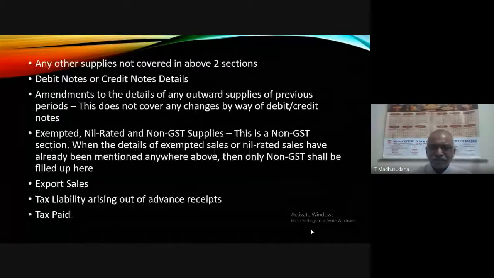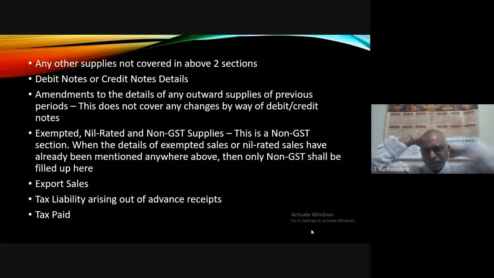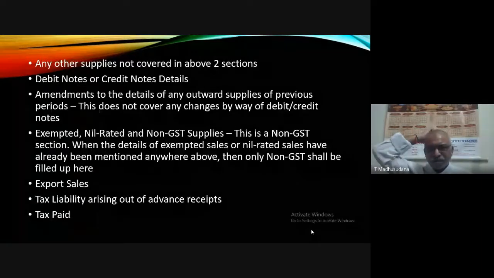So these are the various important details submitted under various heads in the GSTR1. GSTR1 is a monthly return form to be submitted by the normal taxpayers.